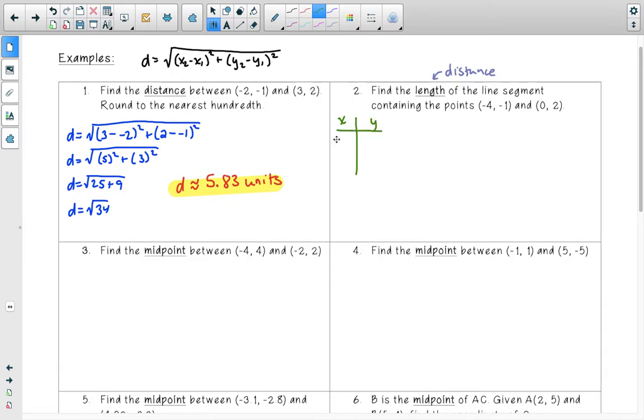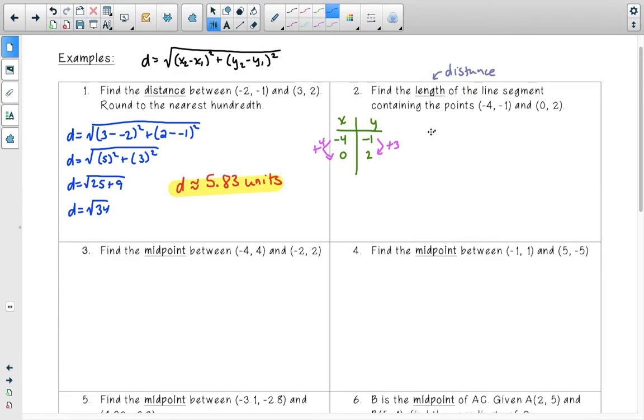My coordinates are (-4, -1) and (0, 2). I need to know my change in y. So my change in y is adding 3, and my change in x is adding 4. So what I'm going to use here is the distance formula with the change in y and the change in x, or the Pythagorean theorem now.